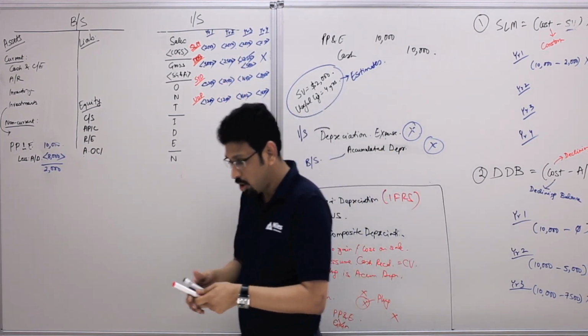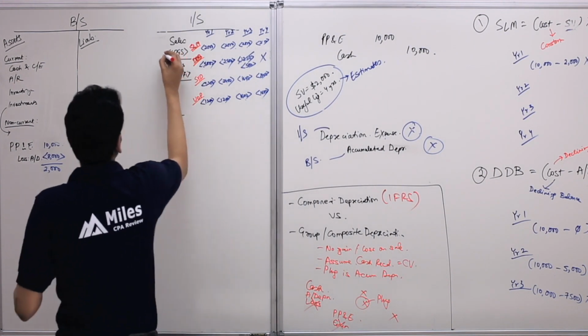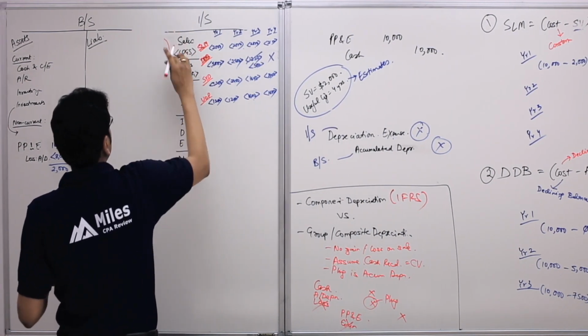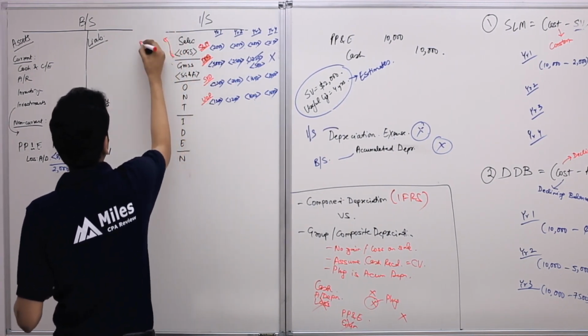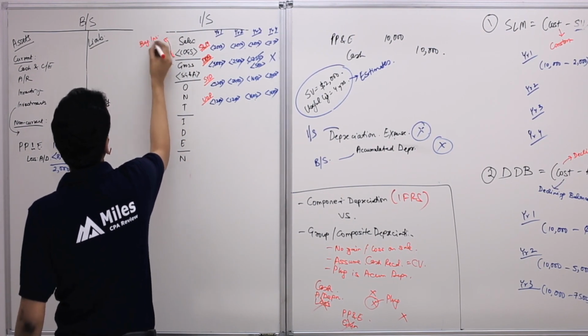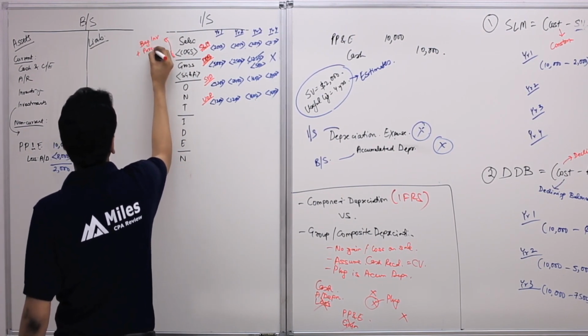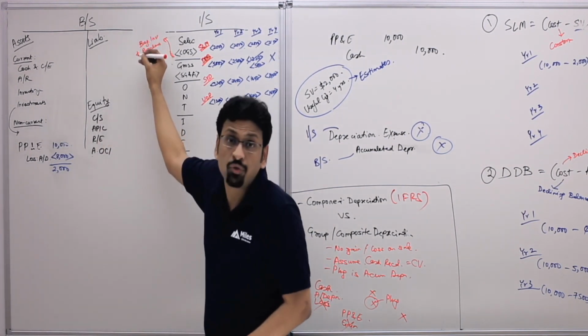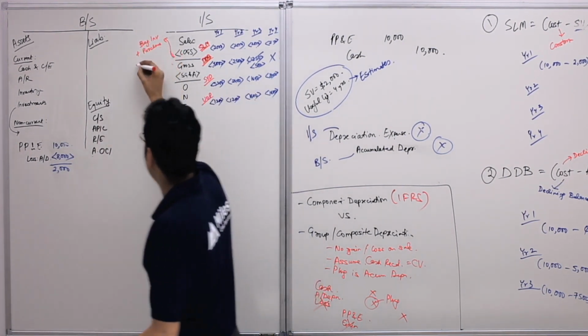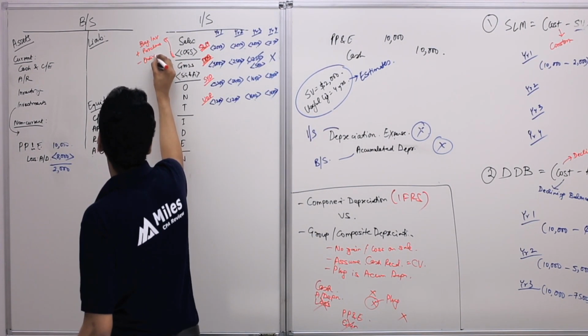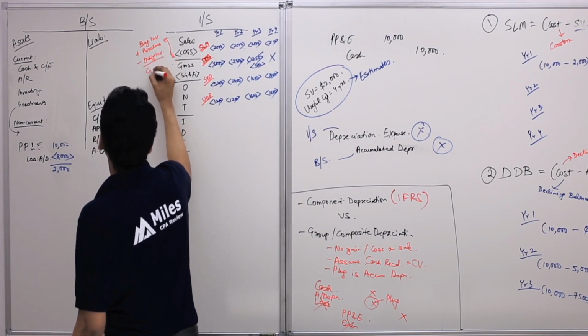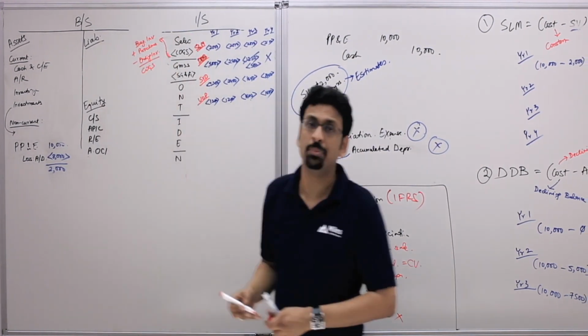Your cost of goods sold on your income statement is basically beginning inventory plus purchases, which gave you the cost of goods available for sale, minus ending inventory. This was the COGS expense which went into your income statement.